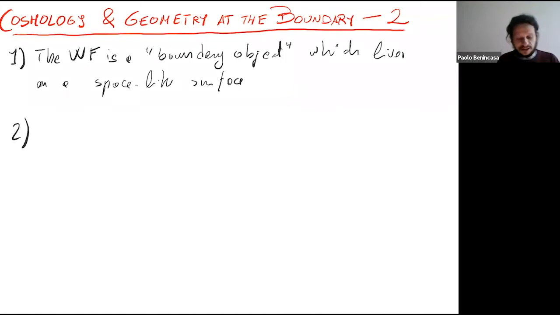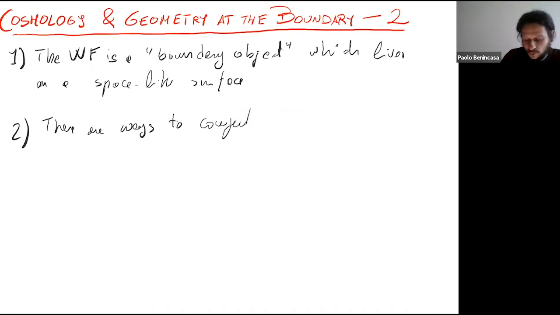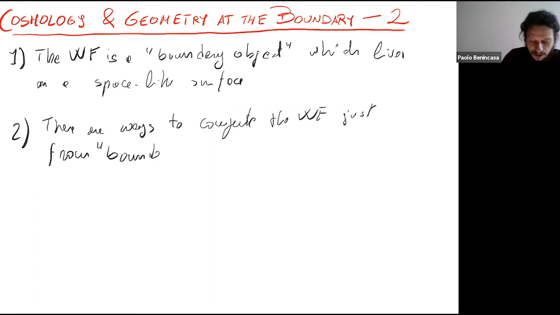The second message is that indeed there are ways to compute the wave function just from boundary data. And boundary data means, for example, we are working in momentum space, which means the spatial momenta on the boundary.